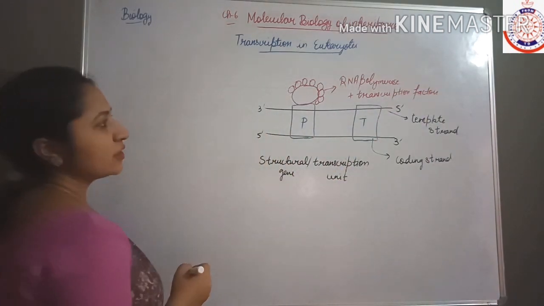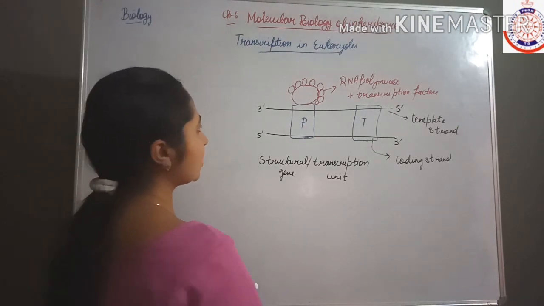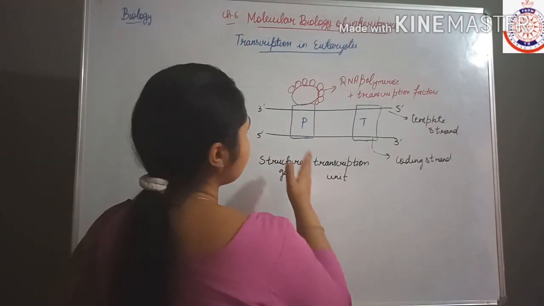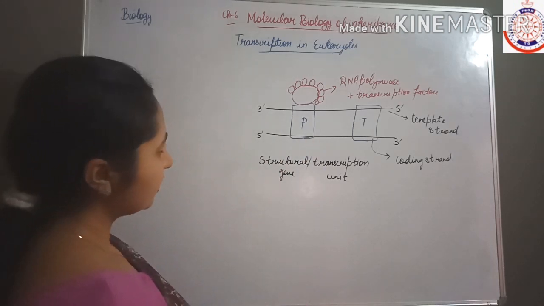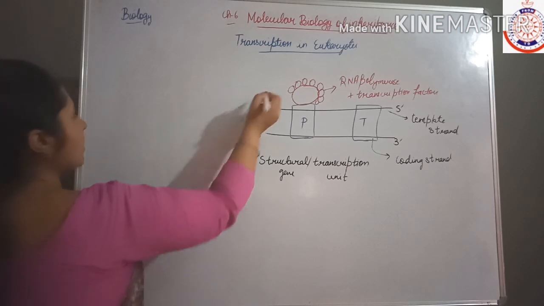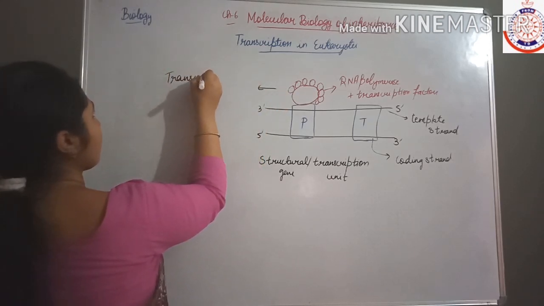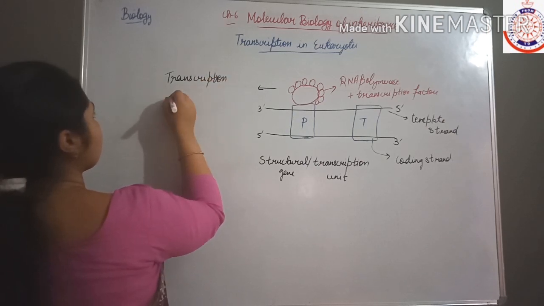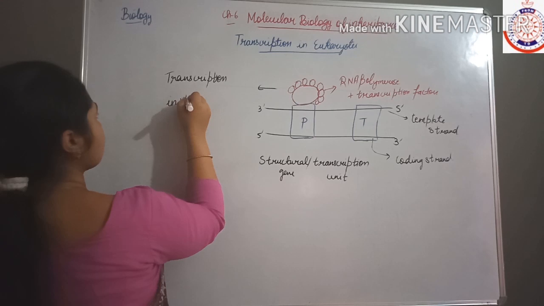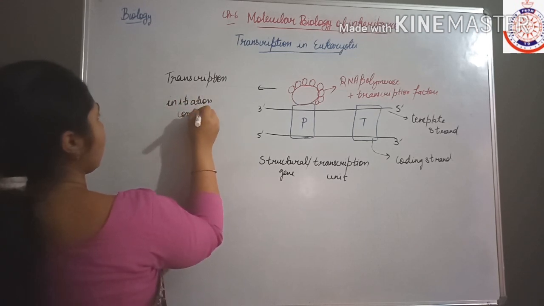So RNA polymerase plus transcription factors will add over the promoter region, and then the transcription starts and forms the transcription initiation complex.